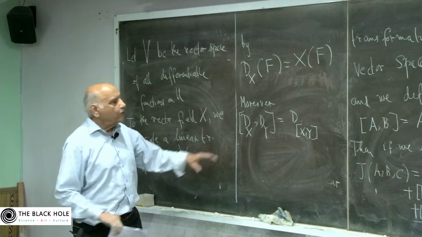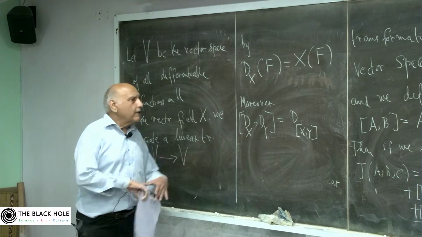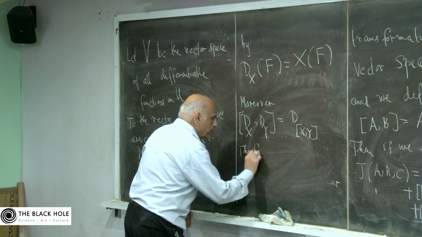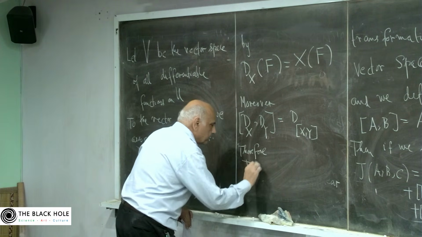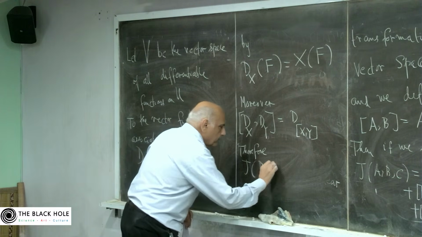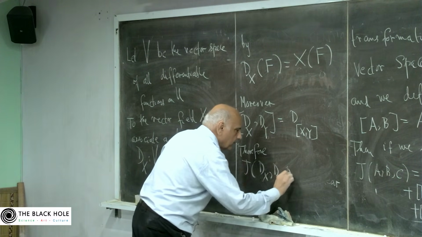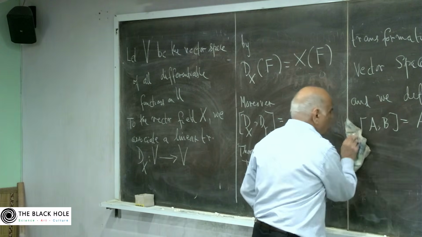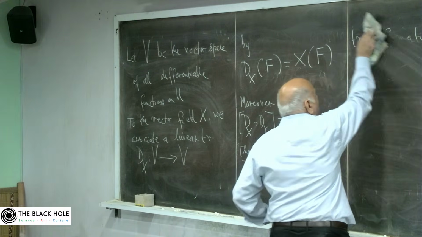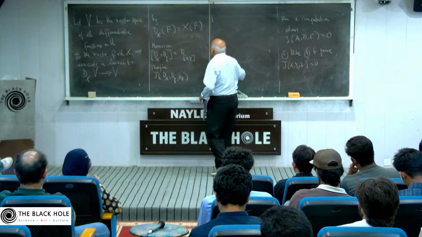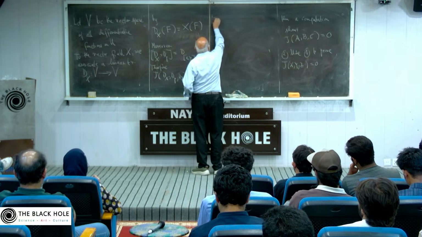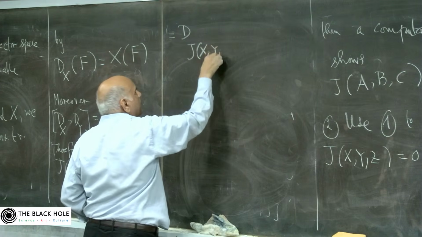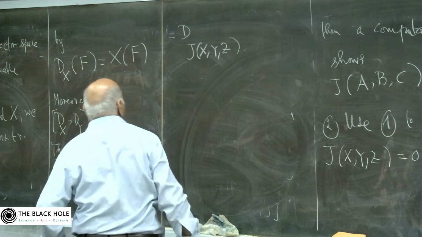Okay, this just follows from the definitions. So therefore, J of dx dy is this of J of x y z, right?